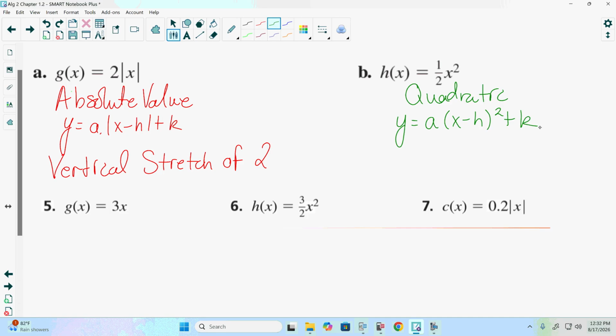Is it negative? No, since it's not negative, there is no reflection across the x-axis. So the only thing we have left to check is if it's vertical stretch or vertical shrink, because we do have a number there. It's vertical shrink, because it's vertical stretch if a is greater than 1. It's vertical shrink if it's between 0 and 1. And we'd say this is a vertical shrink of 1/2.